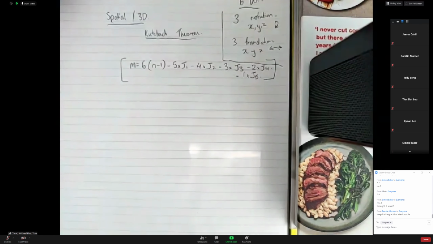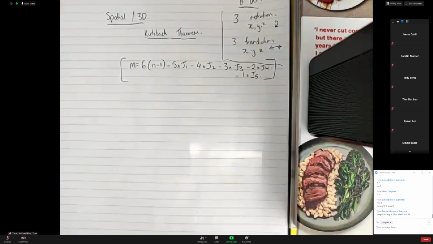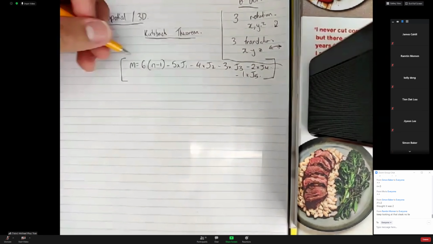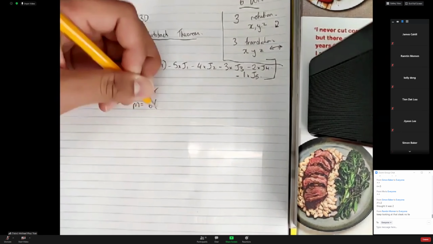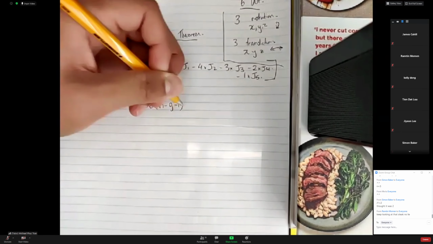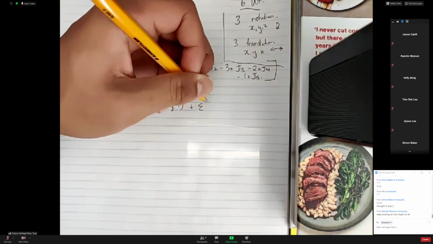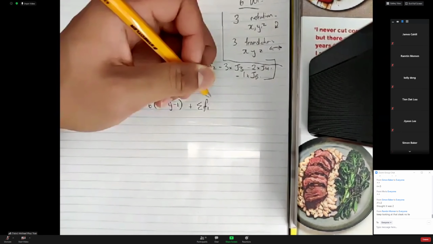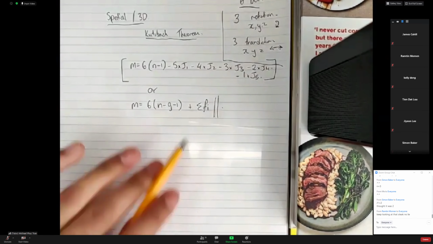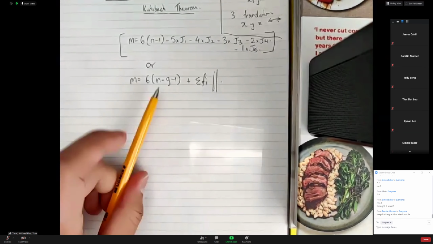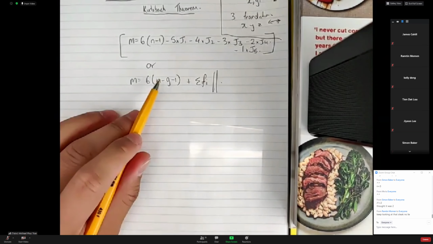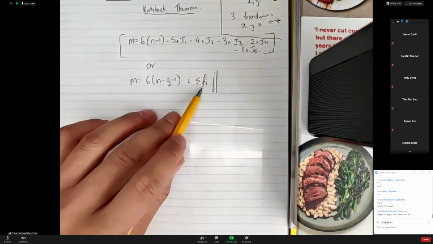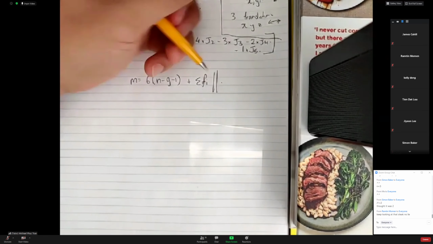So you can already guess J5 is a joint that allows for 5 degrees of freedom. Or similarly with the first one, so N is your number of bodies or links, G is your number of joints, and Fi is your sum of degrees of freedom.